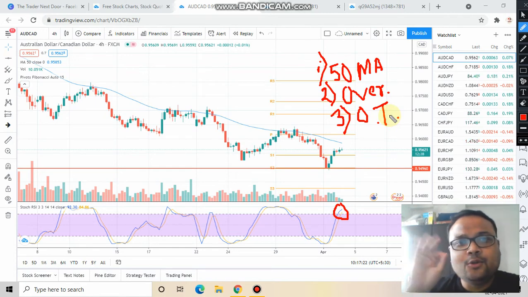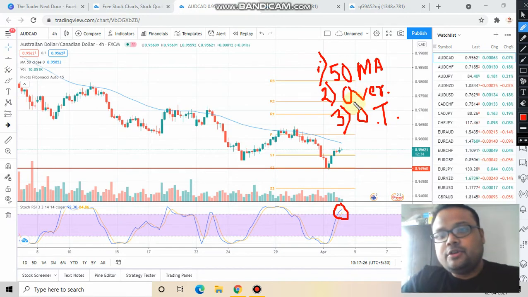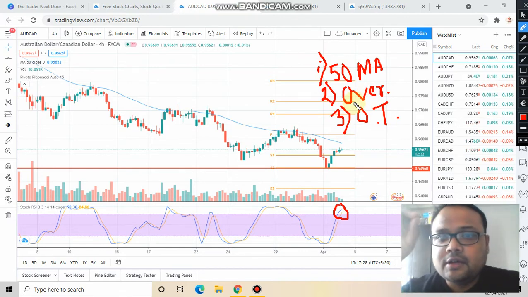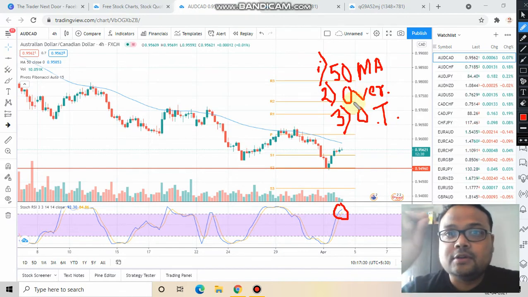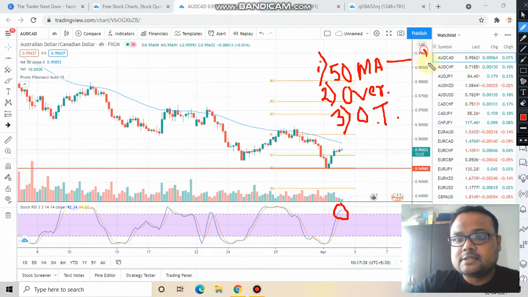We should be looking for shorting opportunities only. And where is the area of value? The area of value is just below the resistance. In this case, the resistance is the 50 moving average. Therefore, we will short the market just below the 50 moving average.